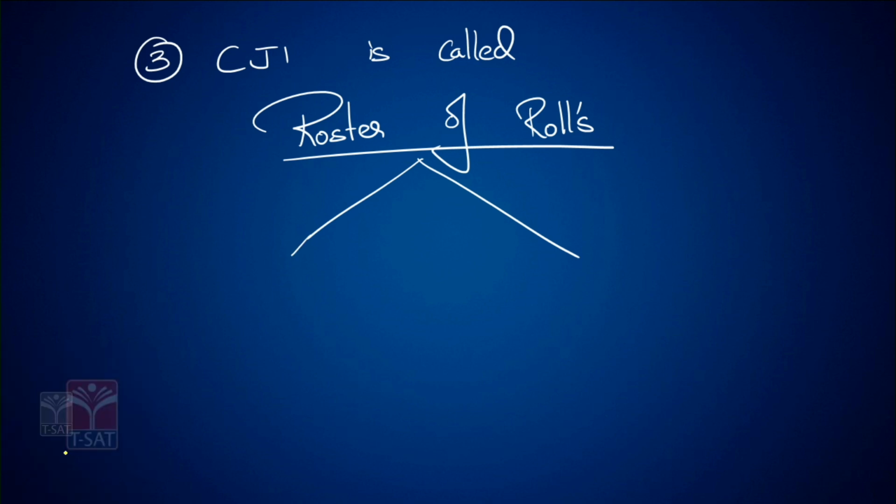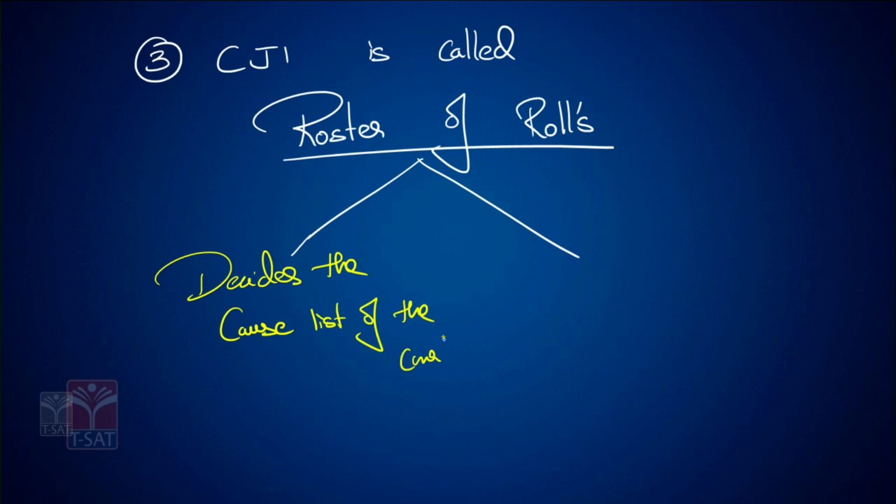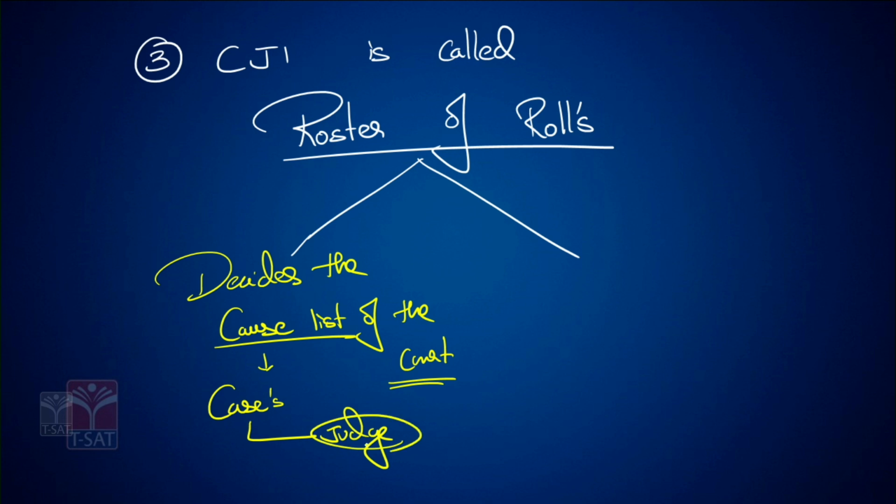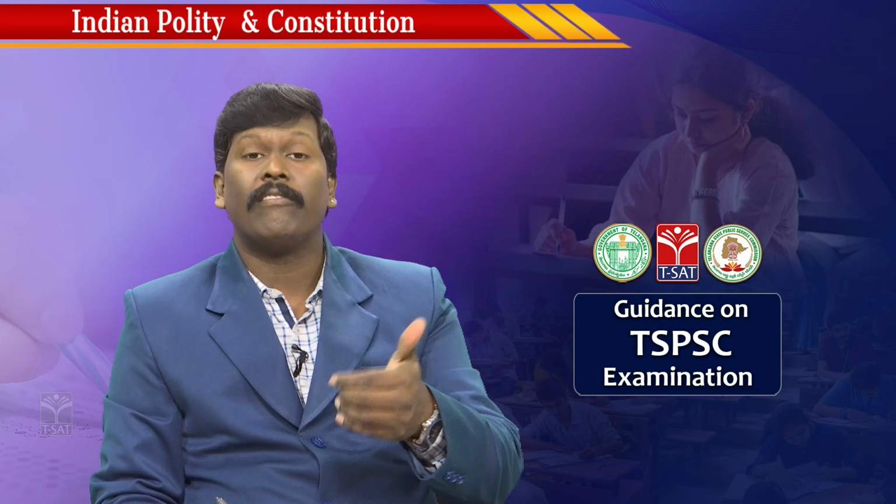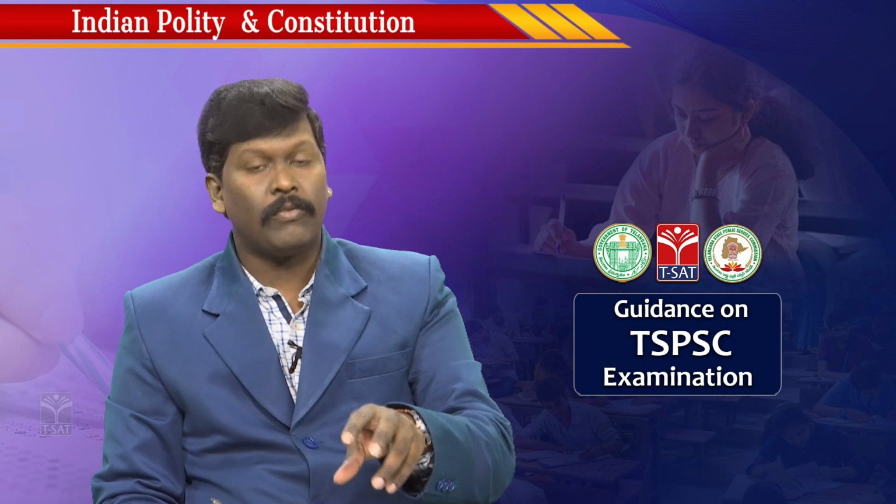Reason number one, he decides the cause list of the court. What is the meaning of cause list? The cause list is the list of cases and to which judge each should be allotted. He decides which case should be allotted to which judge.